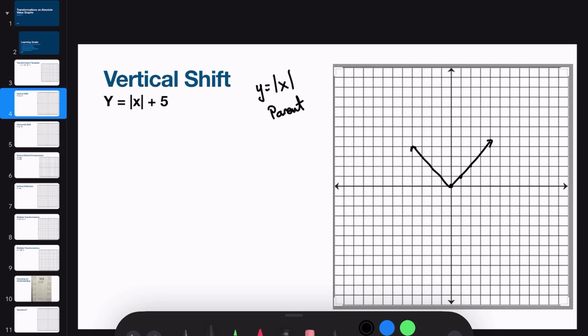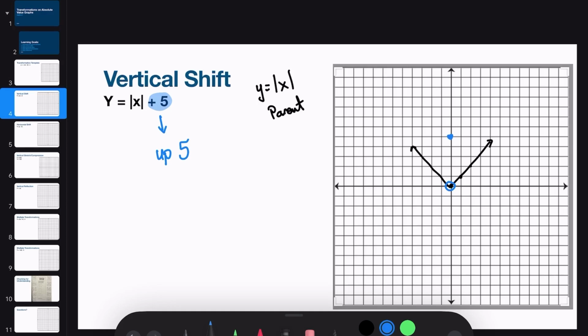So now we look at this, and this is a plus 5 at the end. So this is your vertical shift. What that's going to do is it's going to take your graph, your parent function, and move it up 5. So we're going to take our origin point, move it up 5 units, 1, 2, 3, 4, 5.